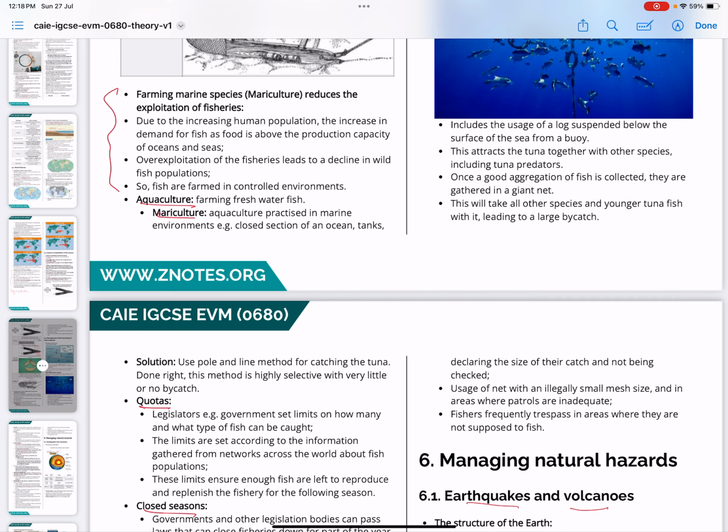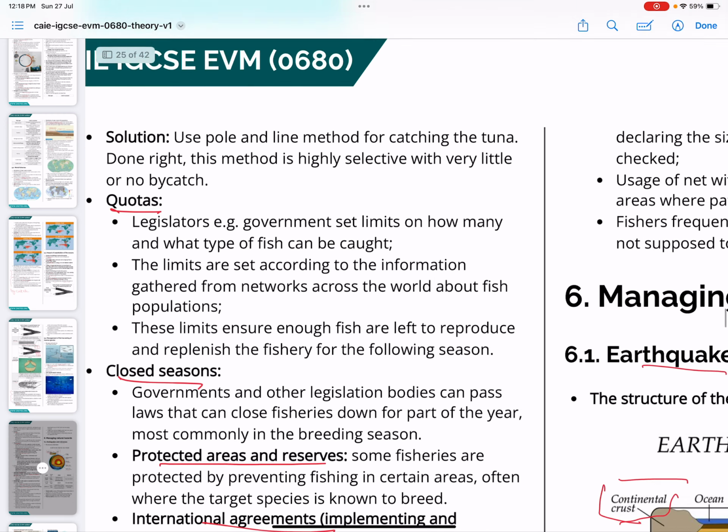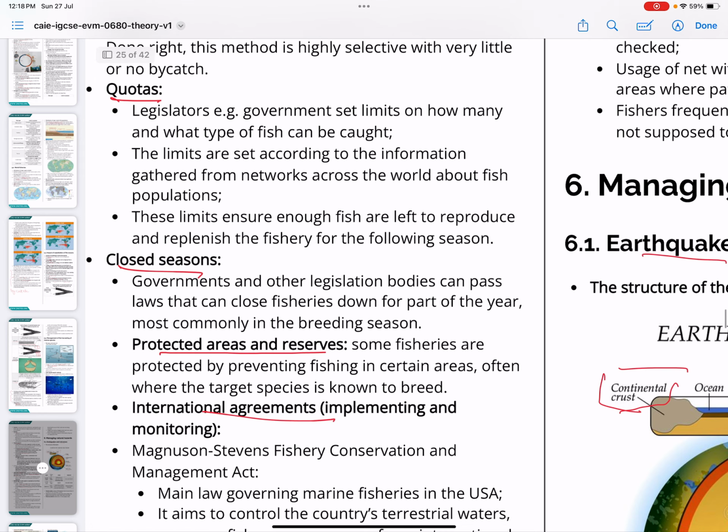So when it comes to devising various strategies, what the government has done is that the government has made laws for the fishermen to use smaller boats and smaller nets. Also, the government has placed quotas. Quota is fixing the quantity.